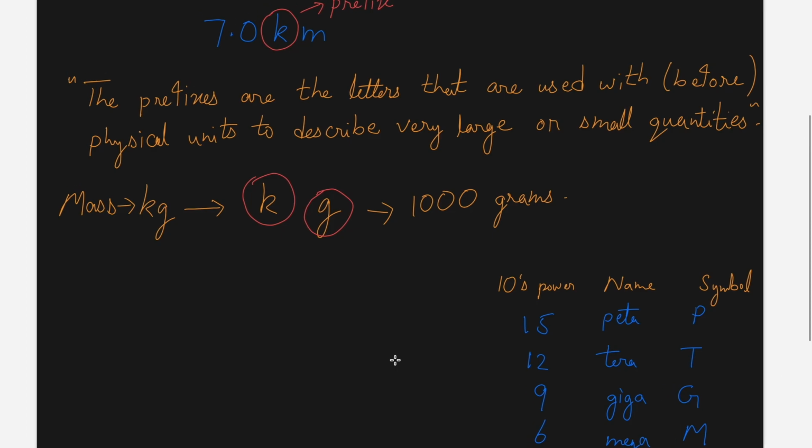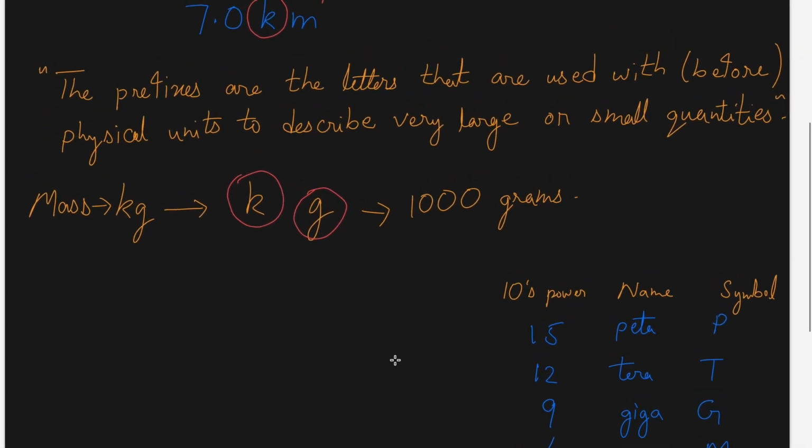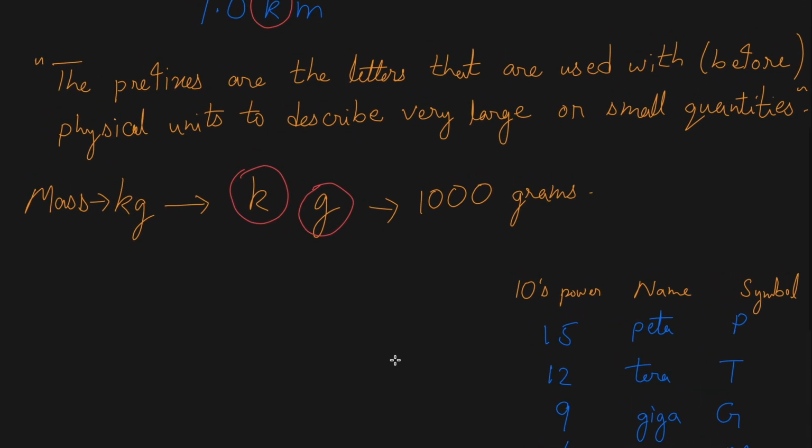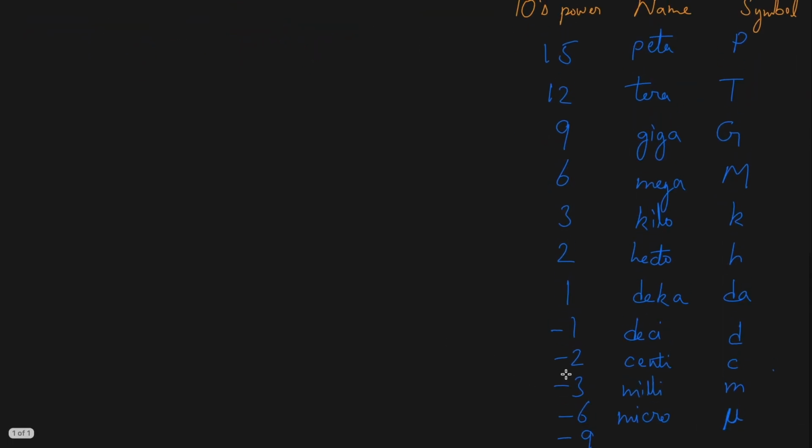Okay, sorry for the inconvenience. So where were we? Micro, and then we have nano, small n. There are more prefixes that I have not written in this table. So if you want the full table, then you should check out the Wikipedia link that I will put down in the description below.